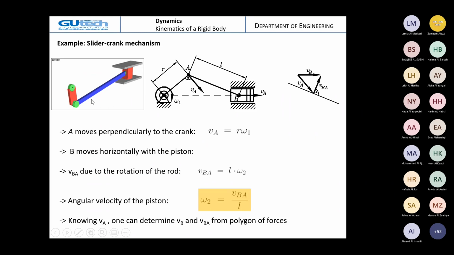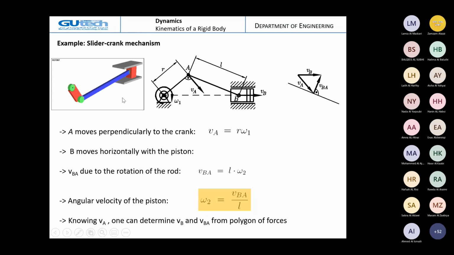And you have the blue one, rotating with another velocity. We have the piston, only sliding along the horizontal direction. Now the question: where is the position of this instantaneous center of rotation?